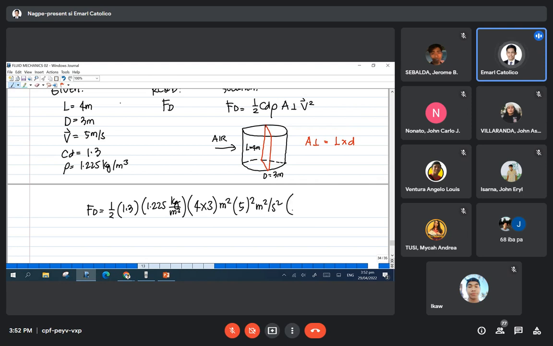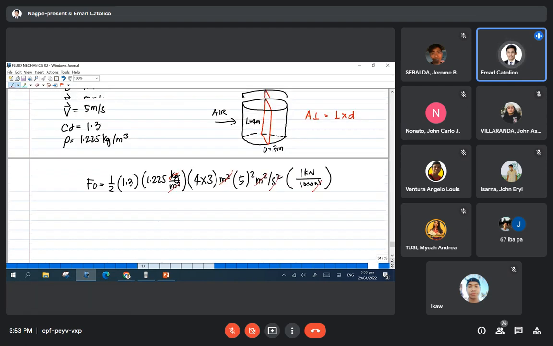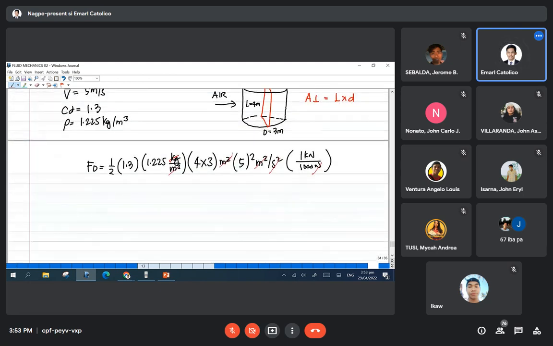So ang lalabas dito ay Newton. So 1 kilonewton is 1,000 Newton. Kilogram meters per second squared is Newton. Then cancel tong cubic meters. Okay, kilonewton yung lalabas na unit dito.